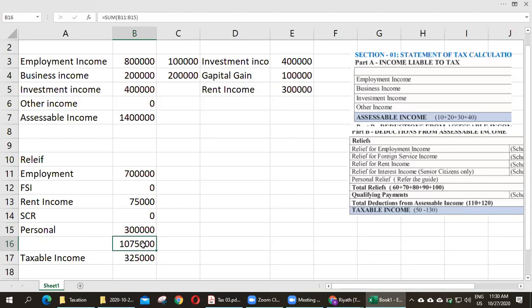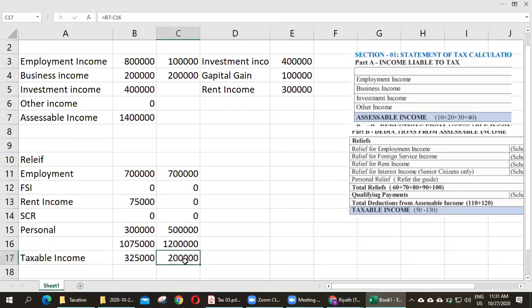You can do it this way, or you can claim 300,000 plus 200,000, and taxable income will be 200,000. How? Here this is 700,000. Here there is no rent income, 0, and 500,000 you can claim. Then you will get how much, and the taxable income is the balance.